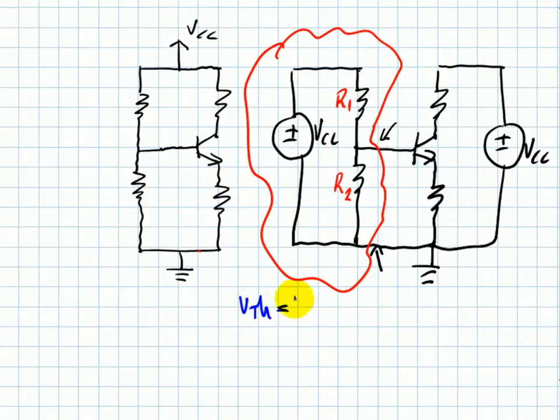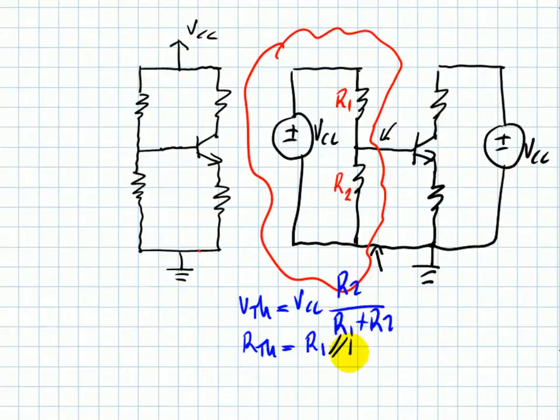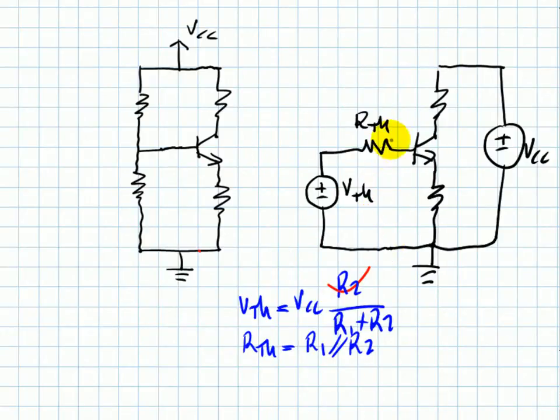V Thevenin is just VCC times R2 divided by R1 plus R2, the voltage divider, right? And R Thevenin is what we obtain when we kill the source and we look into that port. We only see R1 in parallel with R2. And that is the circuit we will replace at the entrance of the base port.